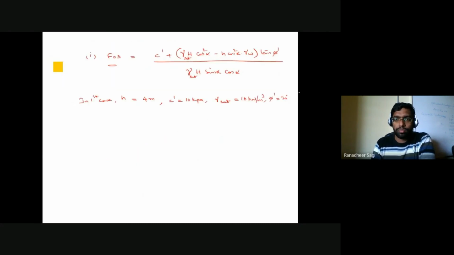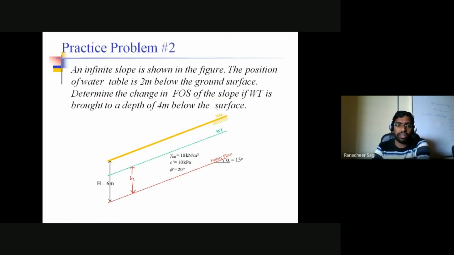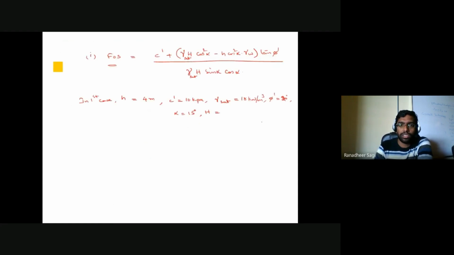This is the data we have, and we simply substitute these numbers into the expression. Capital H, the height of that infinite soil layer in which the failure is expected to happen, is 6 meters. All the data is given here in the problem. It's a simple substitution.